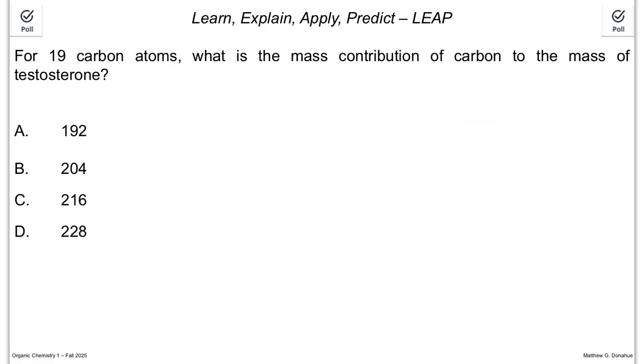What does that percent represent? So the parent ion was 288. We just found that there's 19 carbons. So of that 288, how much of that is from carbon?